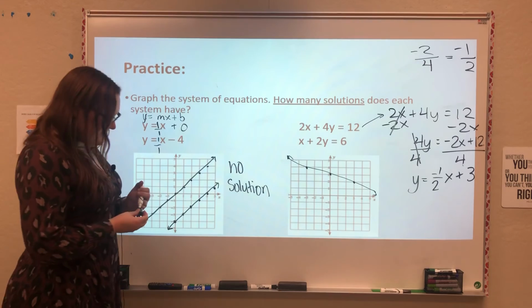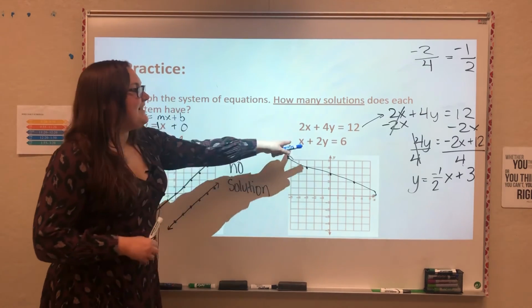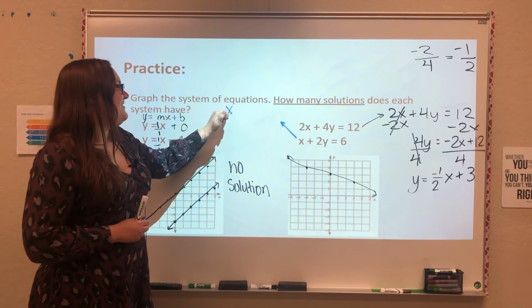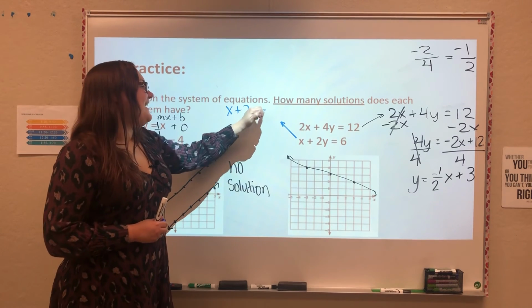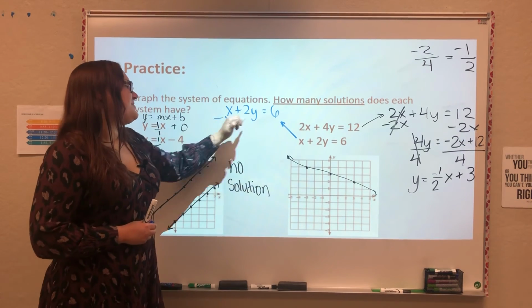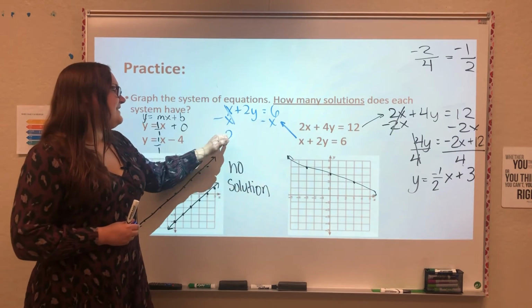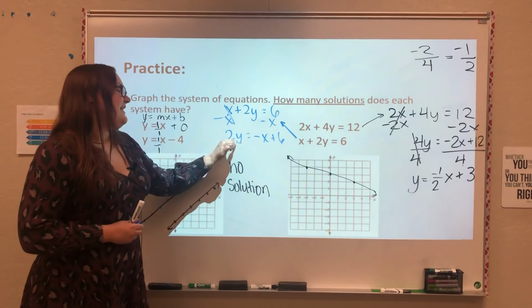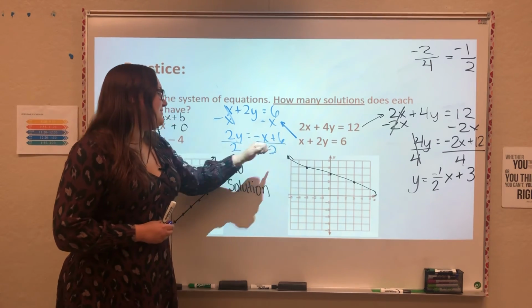I'm going to do the same thing for my second equation. So this one, I'll put it up here. We've got x plus 2y equals 6. I'm going to subtract x from both sides. That gives me 2y equals -x plus 6. I'm going to divide both sides by 2.